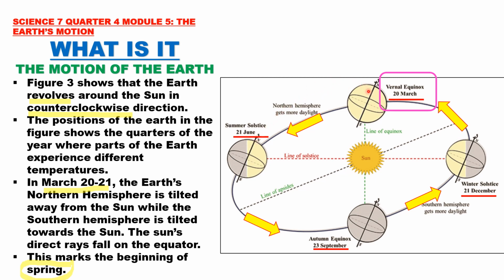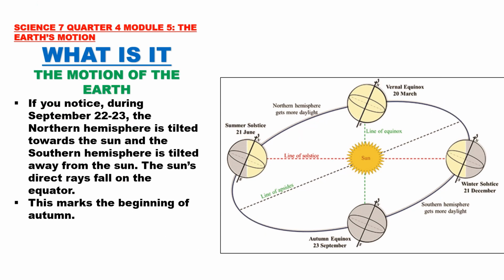So in the northern hemisphere, it is springtime. In the southern hemisphere, days are becoming shorter and nights are becoming longer in preparation for the next season, which is winter. So in the southern hemisphere, it is autumn. So during the month of March, in the northern hemisphere, it is springtime. And during the month of March, in the southern hemisphere, it is autumn.